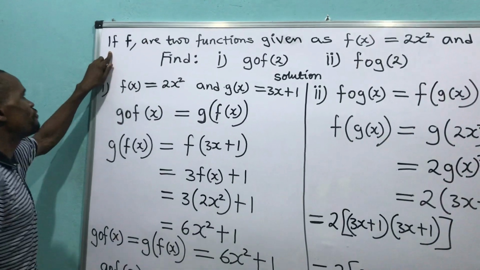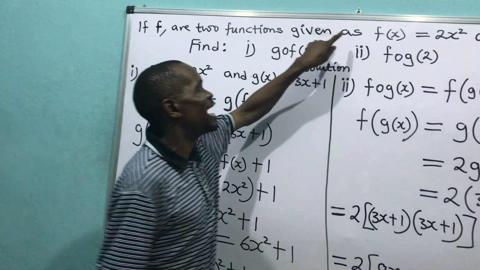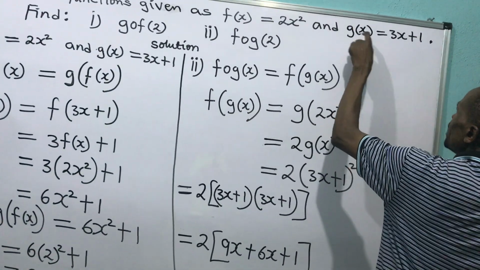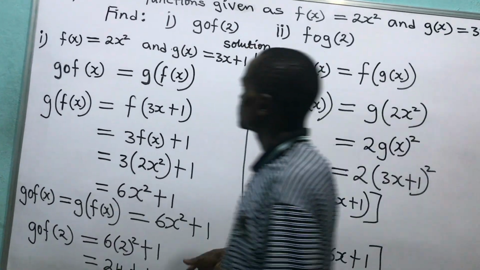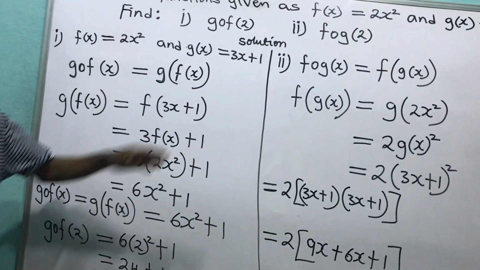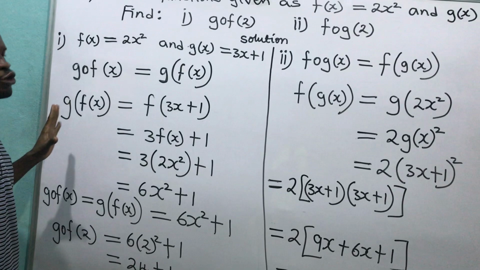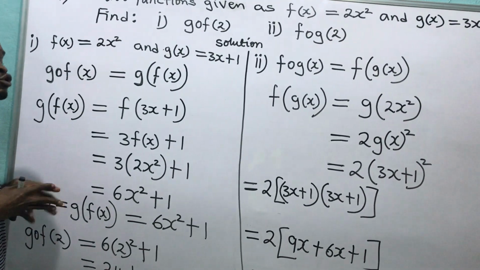Look at it. The two functions are given as f of x equals 2x squared, and g of x equals 3x plus 1. We should find this. We come to the solution. They give me two functions, and they want me to get the composition of these two functions.